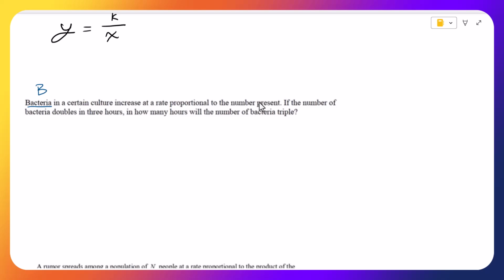And it's increasing at a rate proportional. That means we're going to have our constant of proportionality. Sorry, I forgot to load it. Constant of proportionality to the number present. What color do I want? Let's do red. Number present.